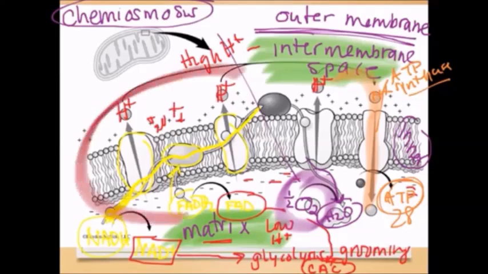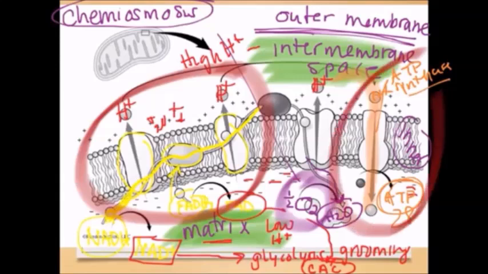So right here, when we use the energy of falling electrons to create a hydrogen ion gradient, we're going to couple that with ATP production in ATP synthase. ATP production in ATP synthase would not be possible if we didn't have a hydrogen ion gradient. And so because we do have a gradient that's generated by allowing our electrons to fall down the electron transport chain, we're able to make ATP. That's what chemiosmosis is, linking these two processes together.